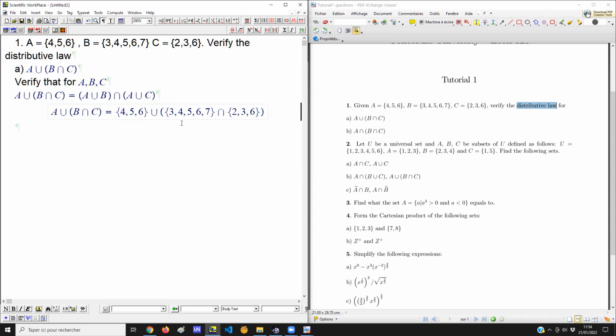So let's do it this way. Order of operations. We start by finding the common elements of these two sets. 2 is not there, 3 is there, 4 is not there, 5, no. So just 3 and 6, I think.